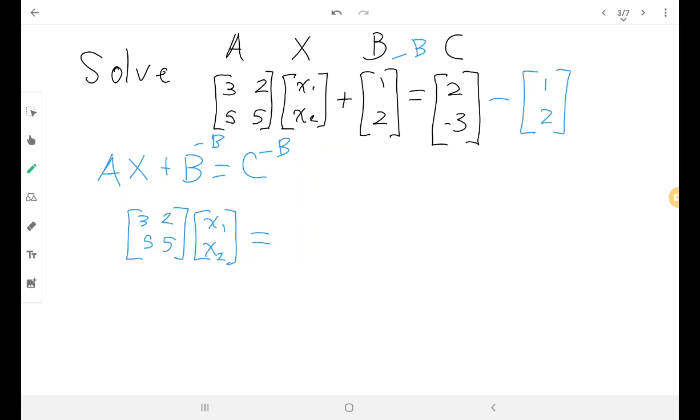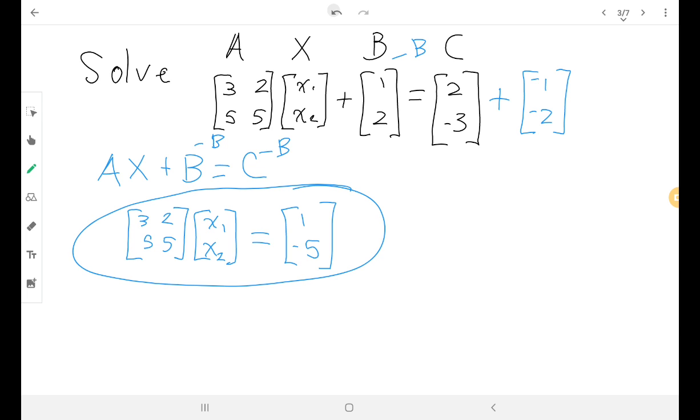And then let me turn it into plus negative and distribute that negative inside, so like that. And so I get an answer of 2 plus negative 1 is 1, and negative 3 plus negative 2 is negative 5. And then I have to deal with this multiplication one, and this is where things get different, okay?